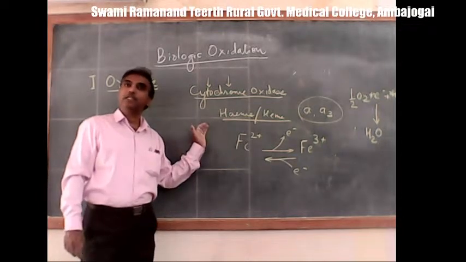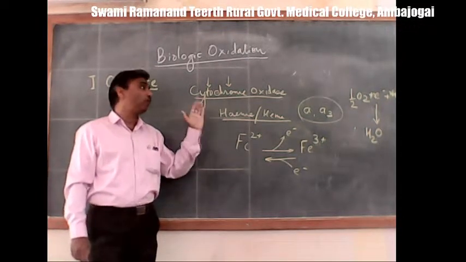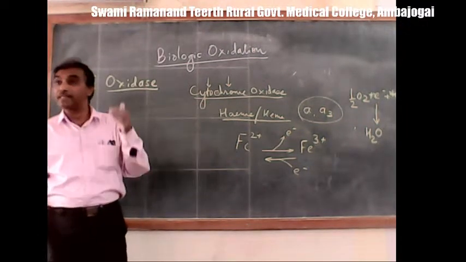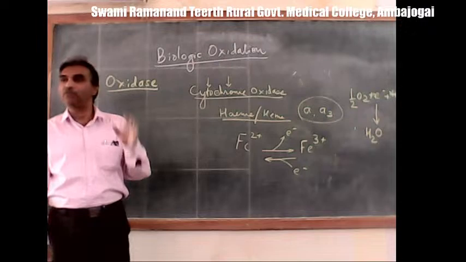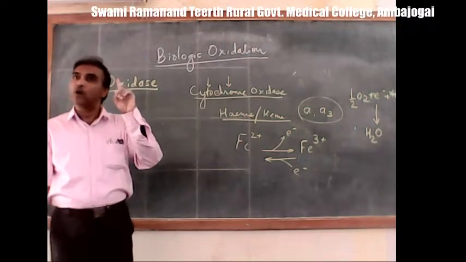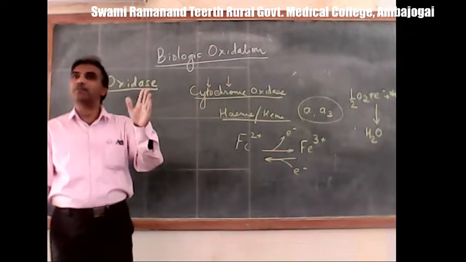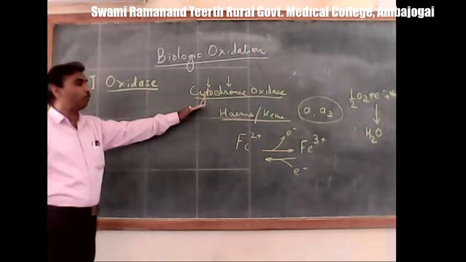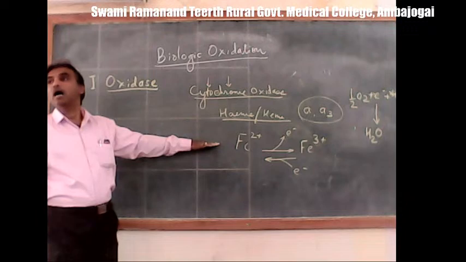Okay? So this is the first type, or first component, of enzymes that we have studied. First is oxidoreductase, the class from which we have seen oxidases first. So cytochrome oxidase and amino acid oxidase.